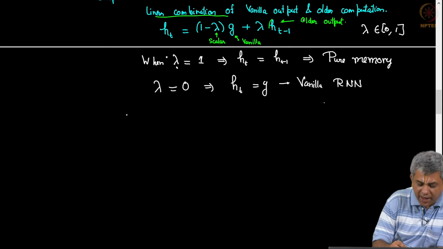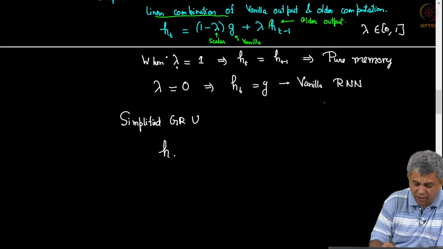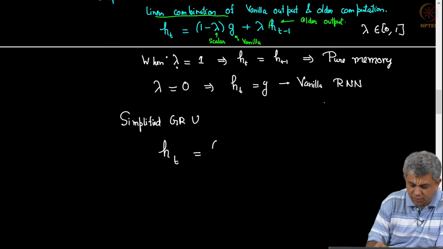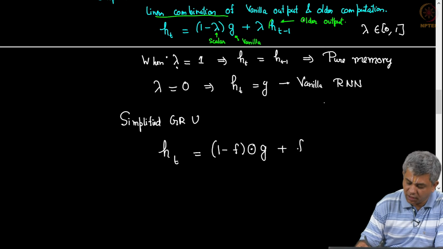So, let us look at the actual simplified GRU expression. It is like this: HT is equal to 1 minus F Hadamard product G plus F Hadamard product HT minus 1.